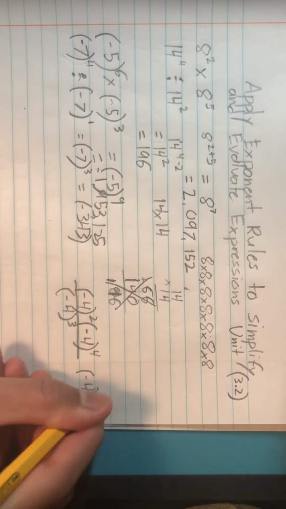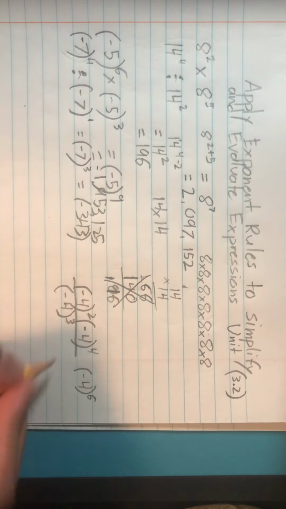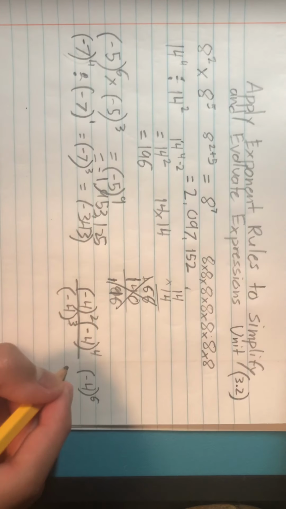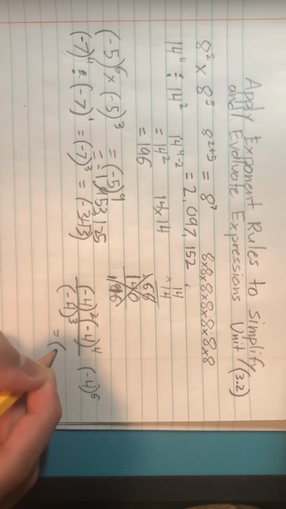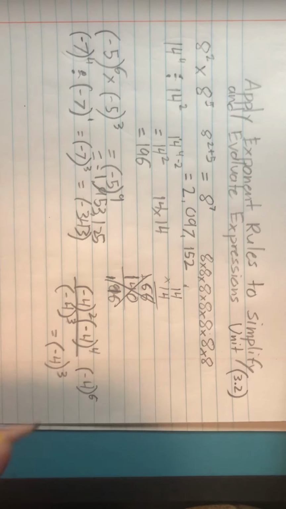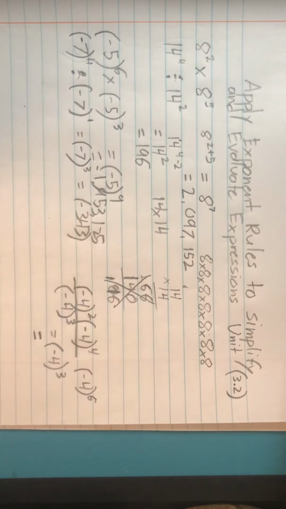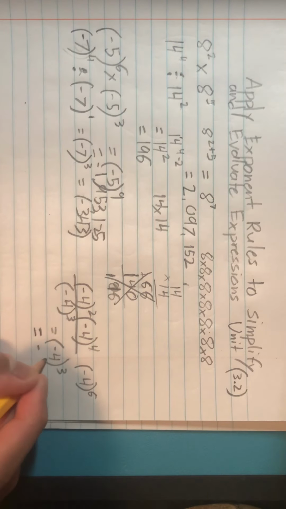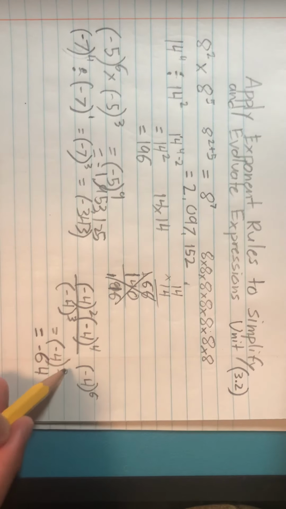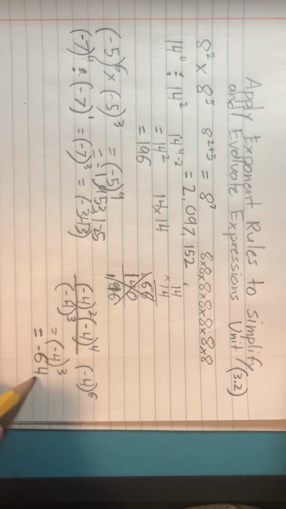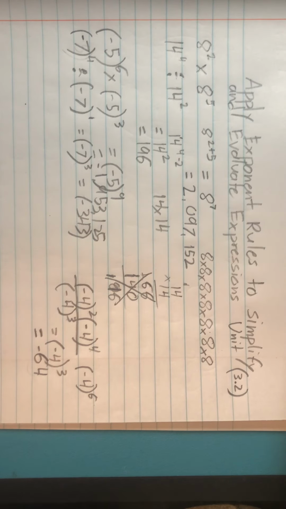So negative 4 to the 6 divided by 3. So we would minus 3. So if we did 6 minus 3 for the exponent, that result would be negative 4 to the 3. And if we evaluated it, the answer would be negative 64. Remember that this part here is where we simplify it, and this is the evaluation. Just so that you remember.